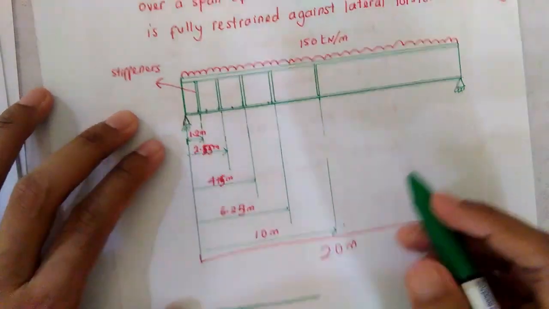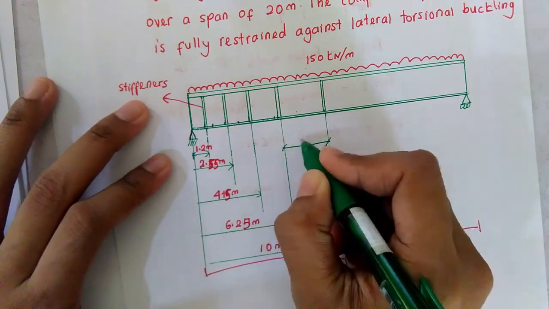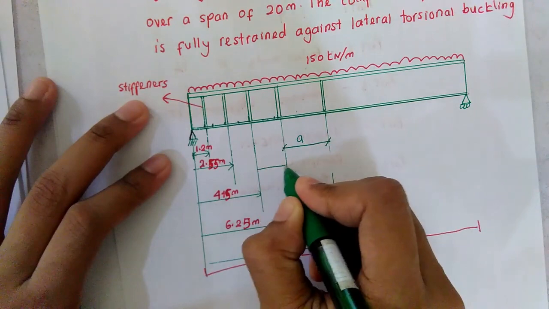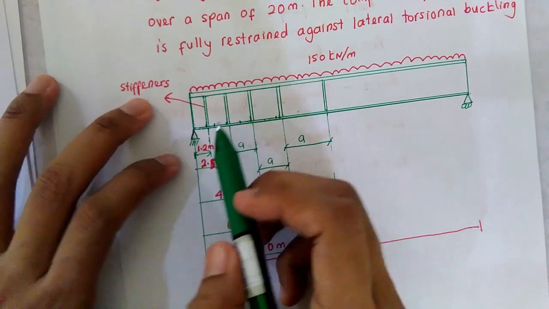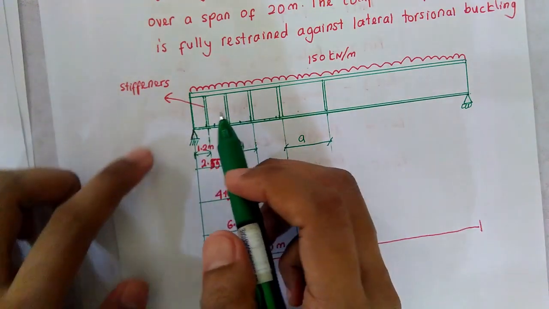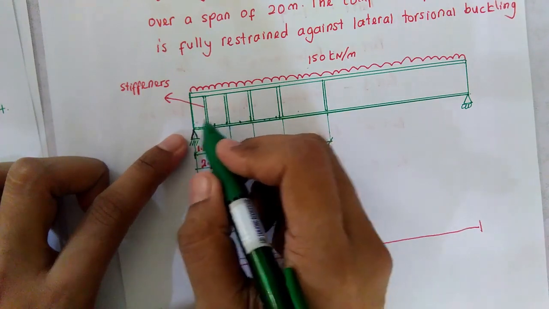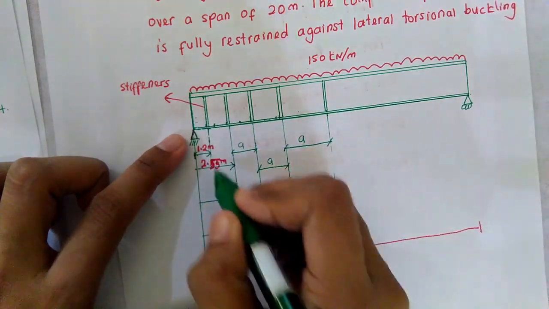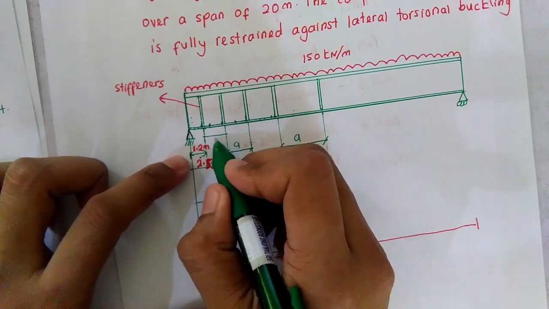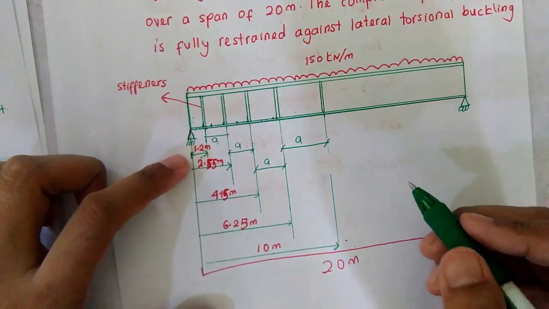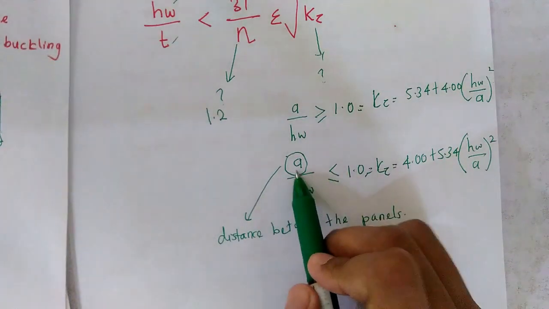So a is representing the distance between the center of that stiffener and the center of another stiffener. So this represents the a value. Now we are calculating for each stiffener. For the first one, a is 1.2. But for the second one, it is 2.55 minus 1.2, then we will get that a. That is what it means by a value here.